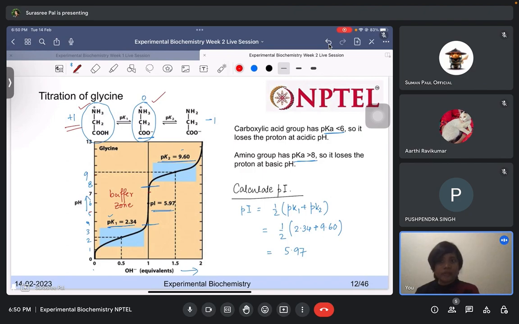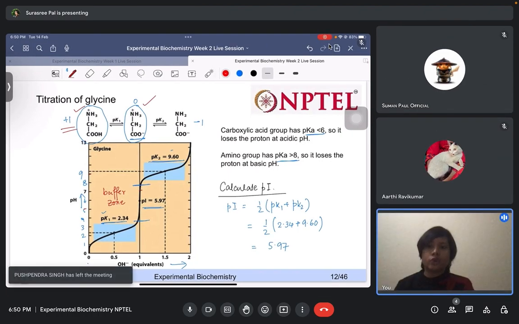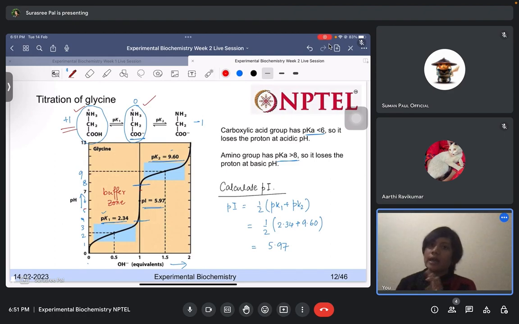So that is why, when we begin titration of glycine, we add an equimolar amount of hydrochloric acid to begin this protonation, because otherwise glycine will not be protonated and the initial pKa cannot be calculated. So an equimolar amount of HCl is given so that glycine is protonated at low pH, and then we can begin the titration of glycine. All right, is that clear?